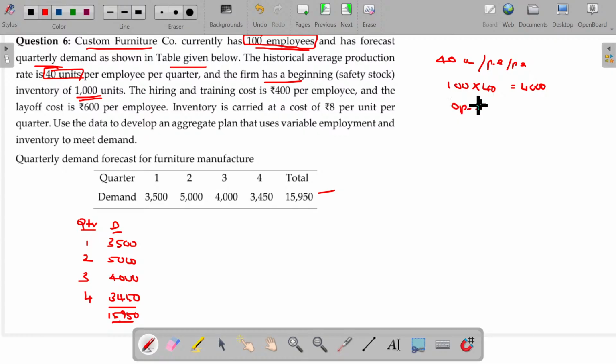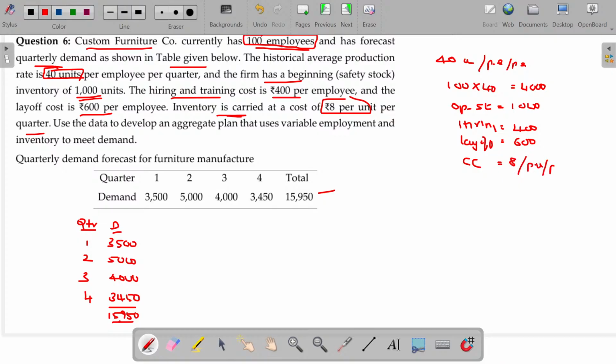Opening stock already they have 1,000 units. The hiring and training cost being 400 per employee, and the layoff cost, hiring 400 rupees and firing or layoff being 600 rupees. Also, we can carry the inventory at a cost of rupees 8 per unit per quarter. Carrying cost rupees 8 per unit per quarter.